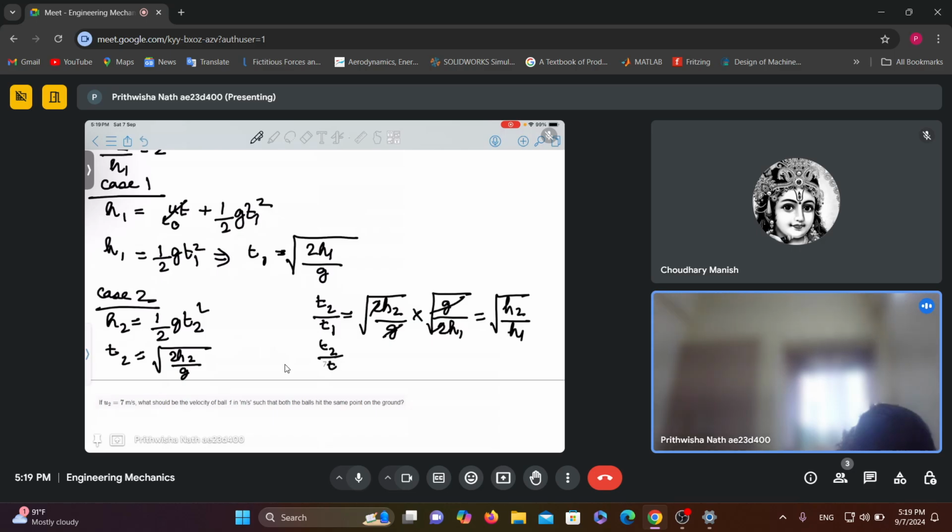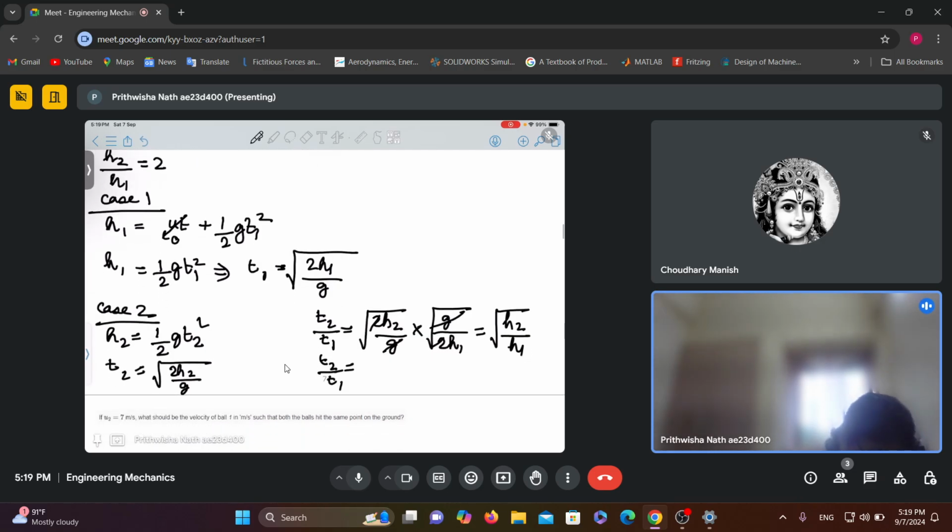Therefore t2 by t1 equals, we already know this ratio h2 by h1 is 2, so this is under root of 2, which is 1.41. Are the steps clear? Is there any doubt for this?